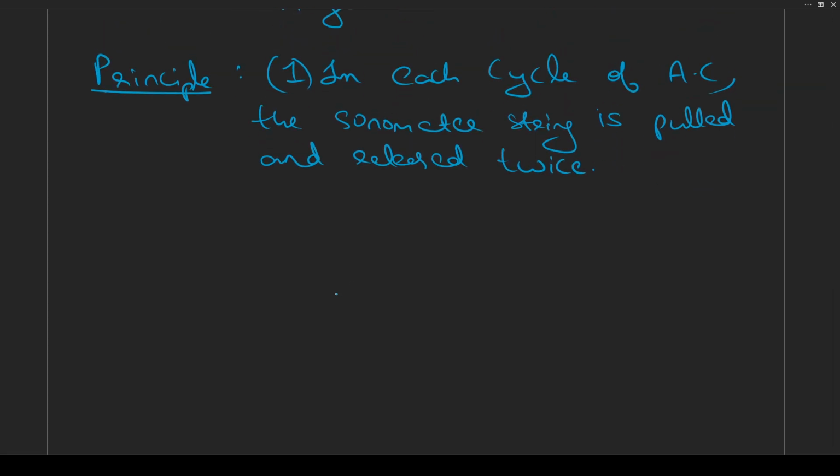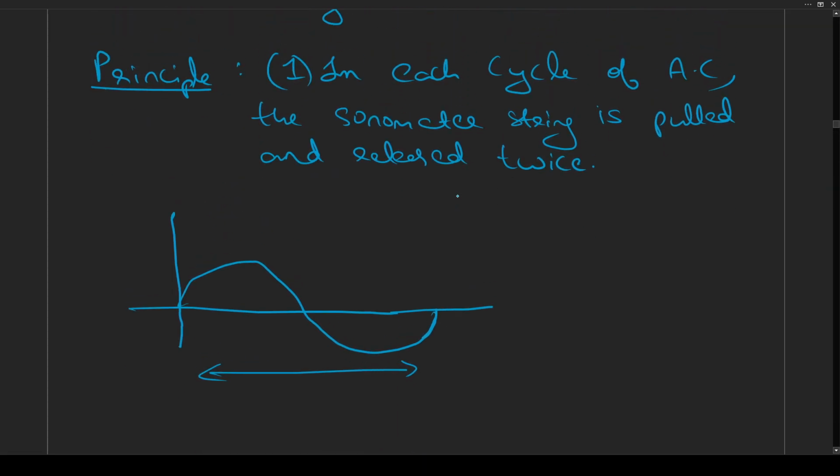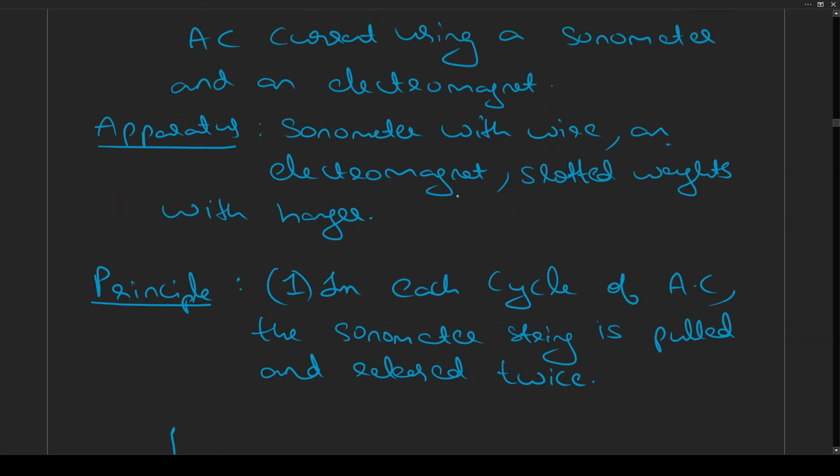Why does that happen? Because, as we know, in an AC current, well, let's draw the graph of an AC current first. This is a full cycle of an AC current. But before understanding that, what is an electromagnet?